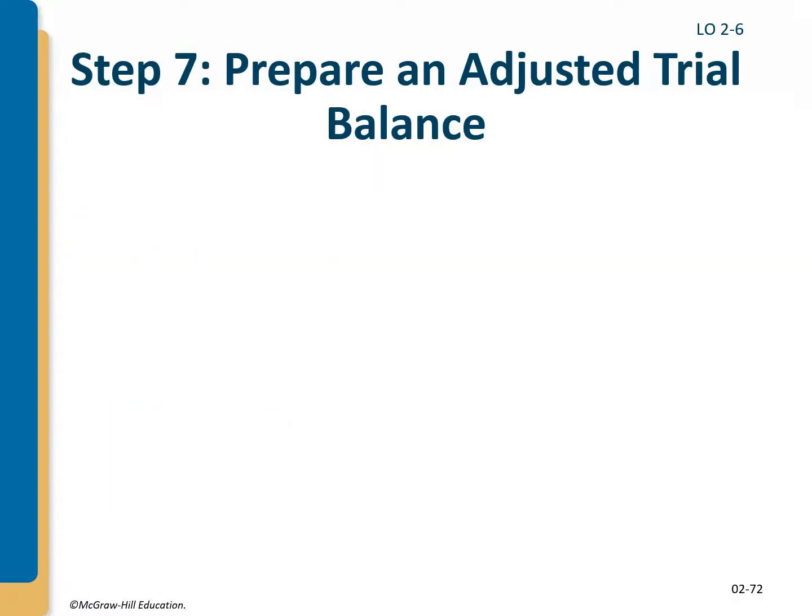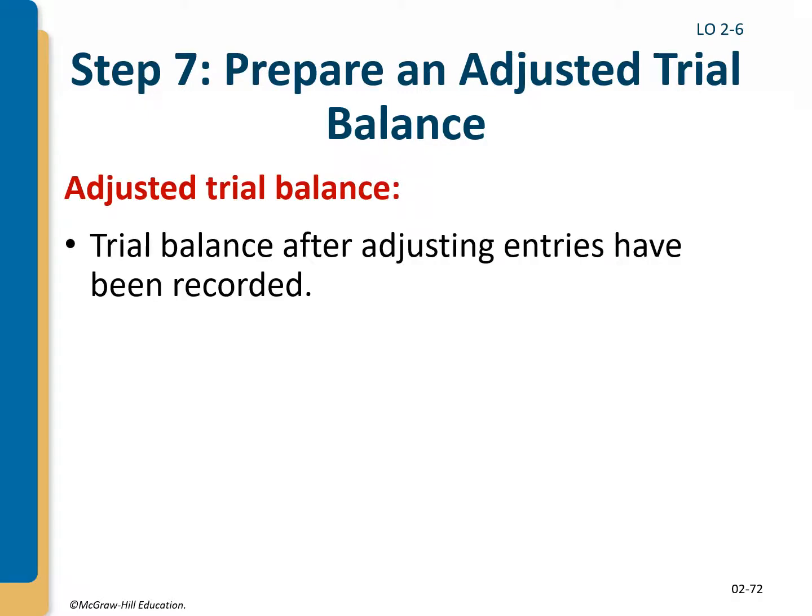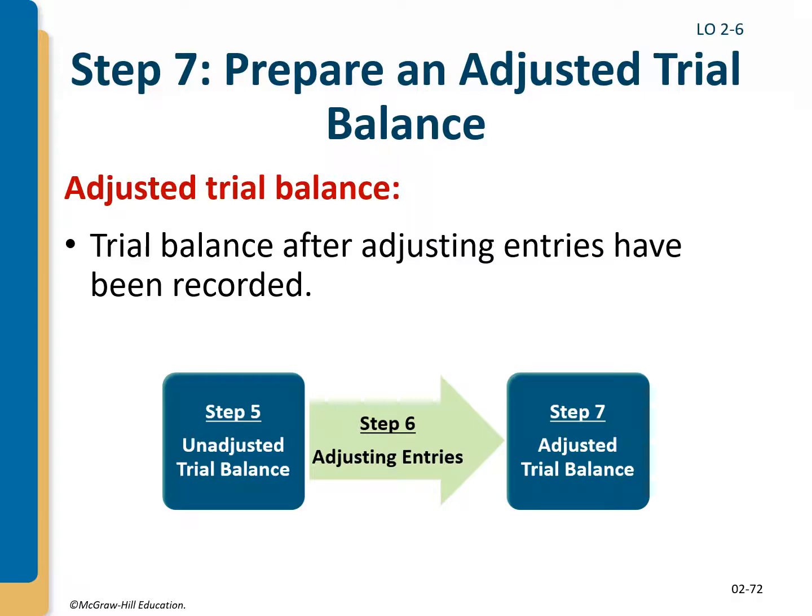Once we complete the adjusting entries, we post them to their respective T accounts, just like any other journal entry. After we post each of those adjusting journal entries into the respective T account, we find a new balance or adjusted balance in each account and create an adjusted trial balance.